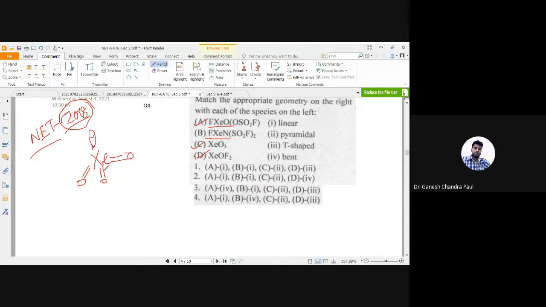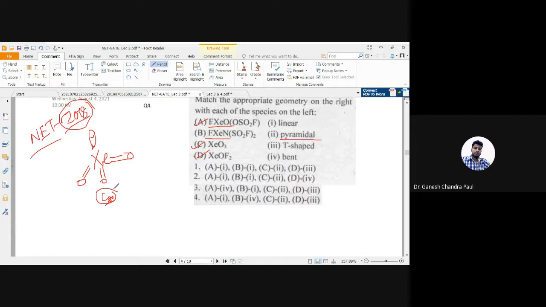And during the discussion of point groups, I have already told you the point group of this particular compound is C3v, like ammonia. So you can see here, option C is matched with point number 2, right? It has a pyramidal structure. Now if you look at the answer, in every option, C also correlates with option 2, right?